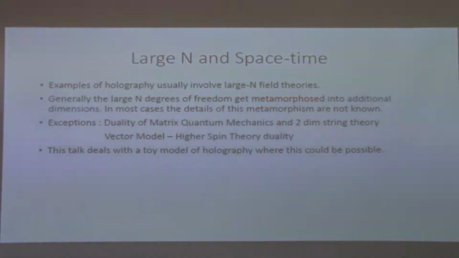Examples of holography which we know of almost inevitably involve some large N field theories. And we believe that in some way these large N degrees of freedom get converted into additional dimensions, a very non-trivial fact. In most cases we do not really understand how that happens.